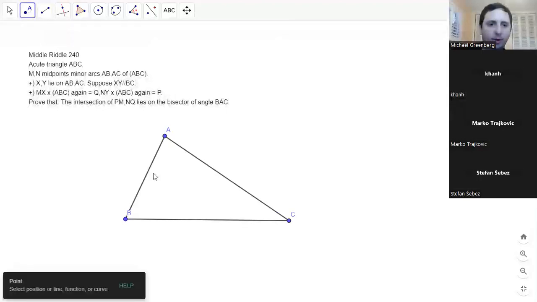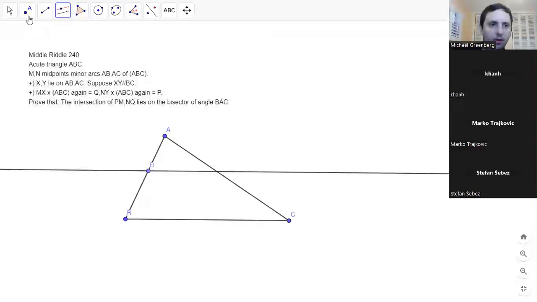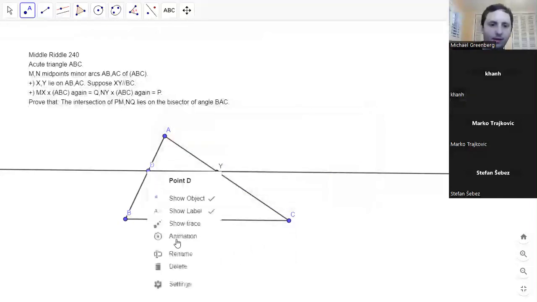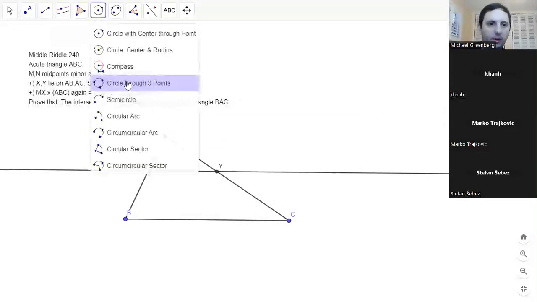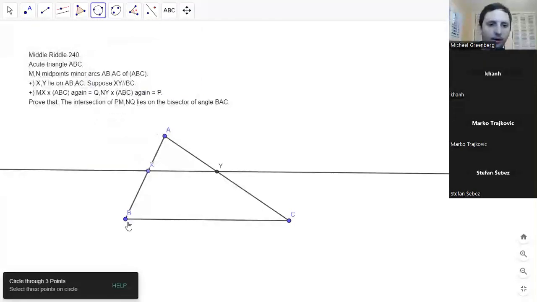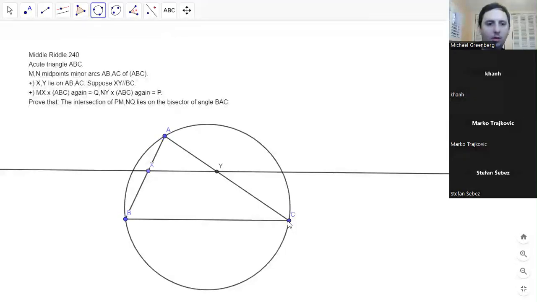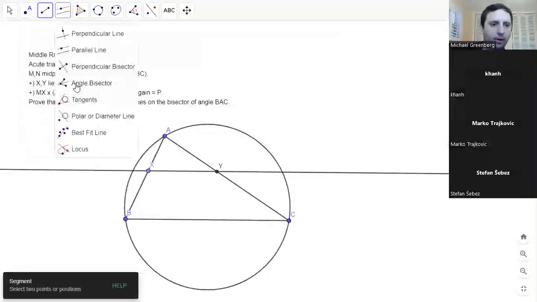So first I'm going to draw X and Y. So this is Y and this is X. And we draw the midpoints of arcs AB and AC. So I don't know if I want to draw angle bisectors.